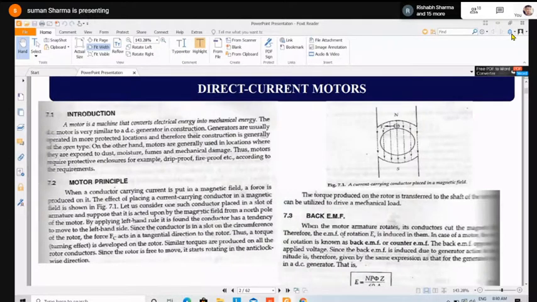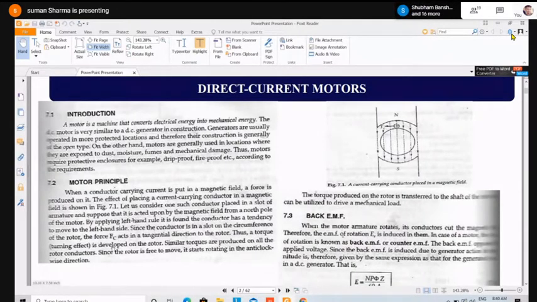Now consider one such conductor placed in the slot of the armature and suppose that it is acted upon by the magnetic field from the north pole. Now by applying Fleming's left hand rule, it is found that the conductor has a tendency to move to the left side. So the force is always tangential to the direction of rotation of the rotor. So torque is developed on the rotor.